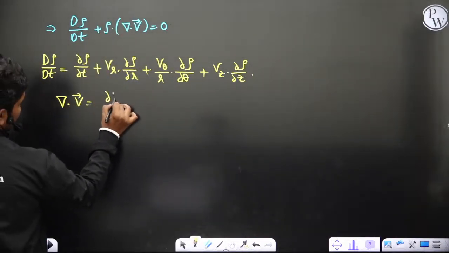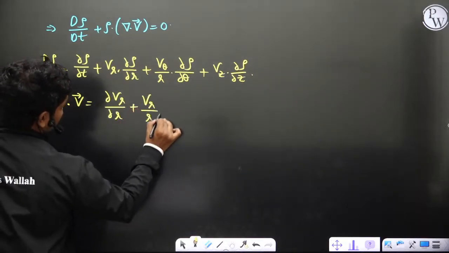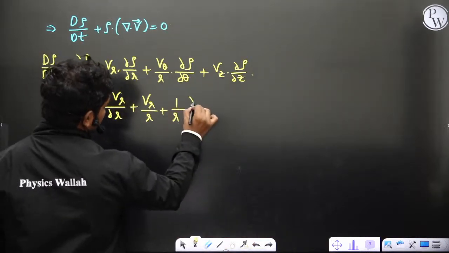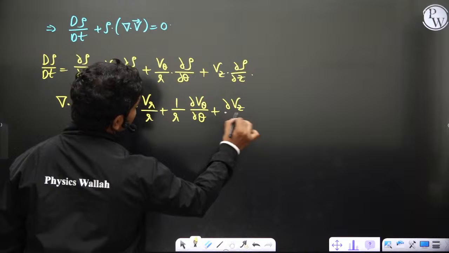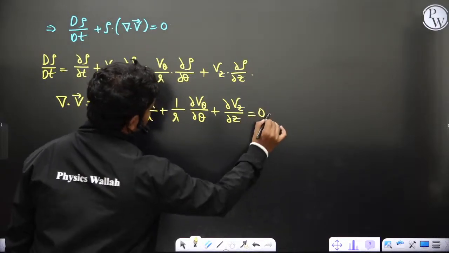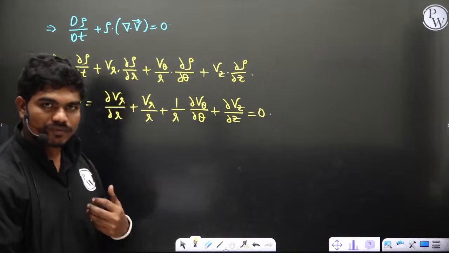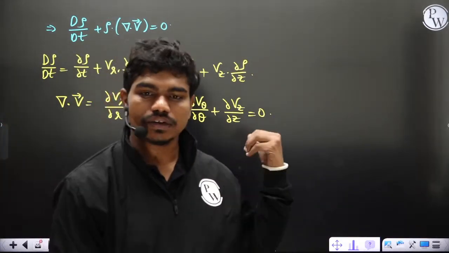Divergence in the case of polar, like I have told you, is dou vr by dou r plus vr by r plus 1 by r into dou v theta by dou theta plus dou vz by dou z, equal to 0. This is the divergence. How this one extra term comes, we have to go into a bit of mathematics. Conversion of Cartesian to polar in the case of divergence will give you that 1 by r.